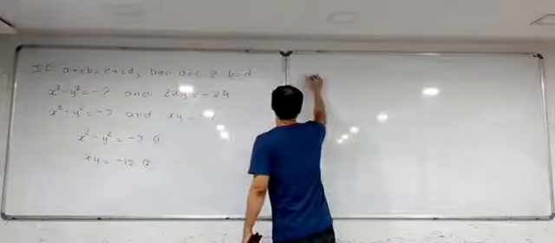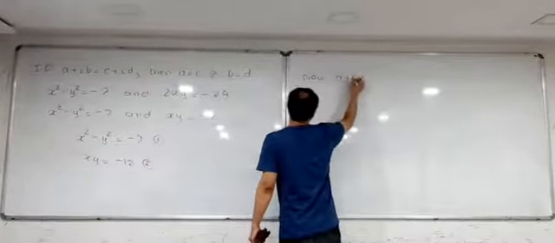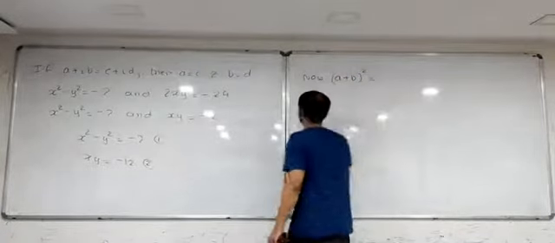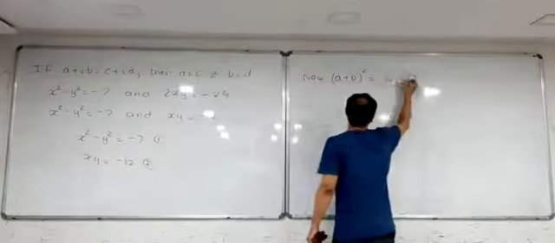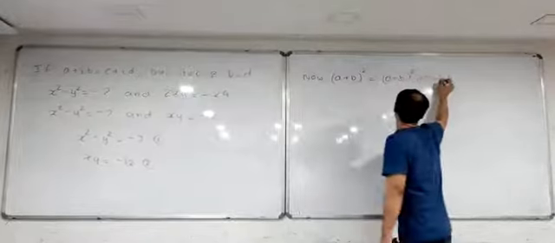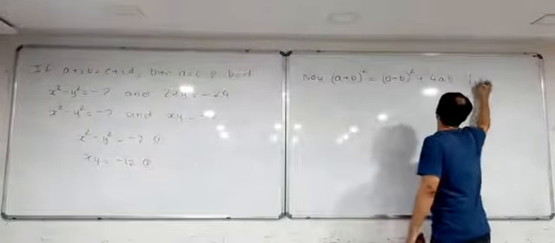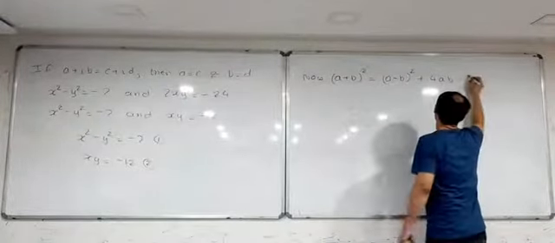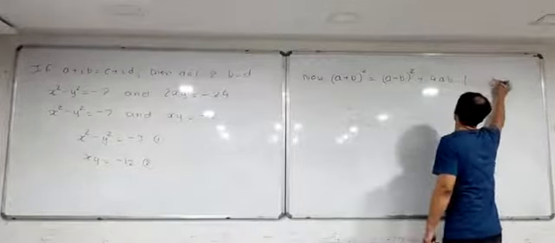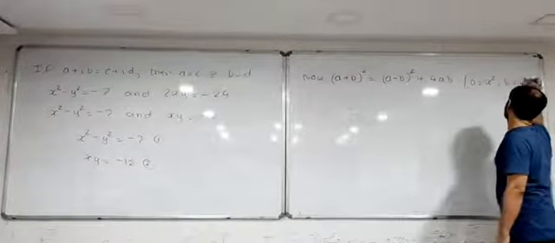Now a plus b the whole square is equal to, can I write as a minus b the whole square plus 4ab, where at the place of a is x square and here b की जगह पे y square.